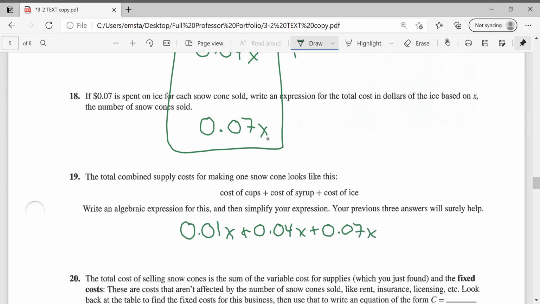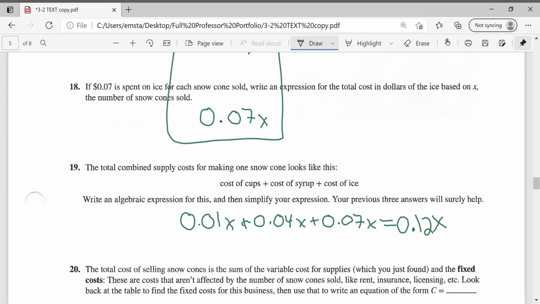Since they're all x, I'm allowed to combine those because they're like terms. 0.01 plus 0.04 plus 0.07 is 0.12. That number keeps coming up and coming up and coming up.